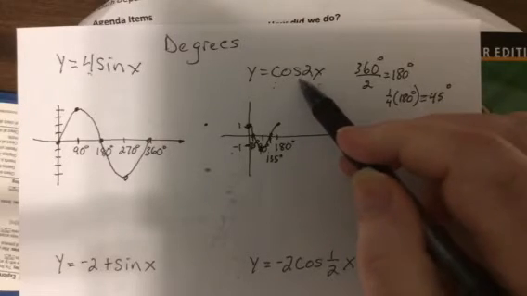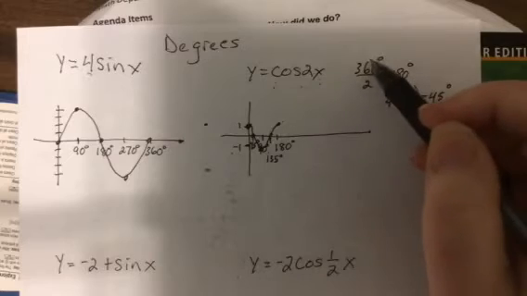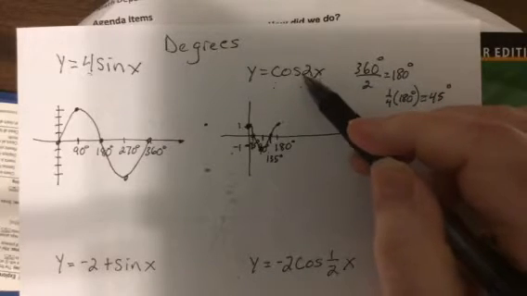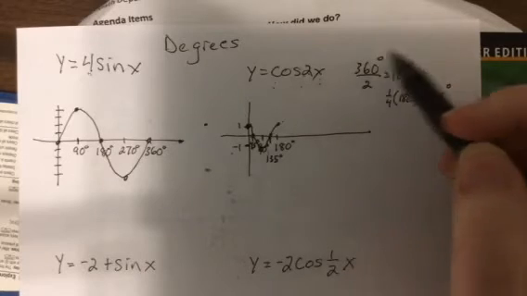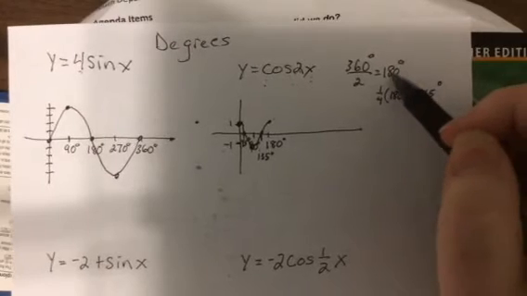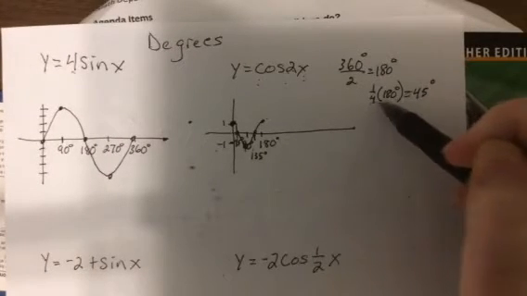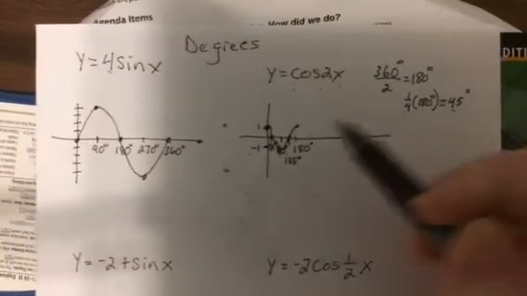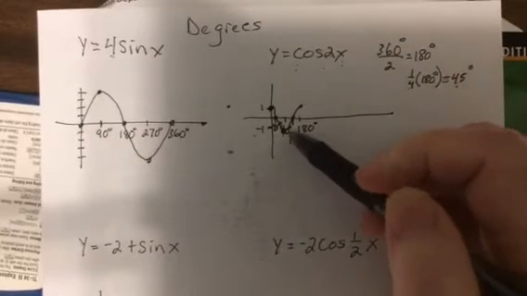Y equals cosine 2x. But cosine 2x, you take 360 and divide by 2 because I'm changing the period. I want 2 hills and valleys where I used to have 1 between 0 and 360, so that means every 180 degrees. Then I multiply that by a fourth to get the important numbers. Now I did this on purpose to show you something.